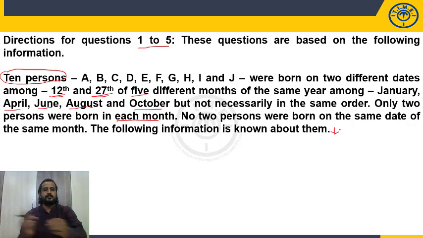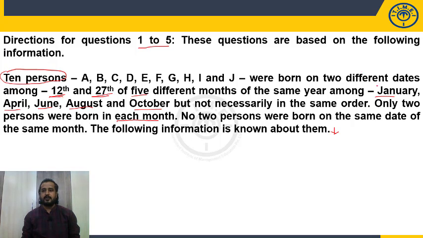Even before this, let's understand the basic structure of this model. 10 persons are given. So what we need to find out? We need to find out who was born on which date. So among the given 5 months, Jan, April, June, August, October, definitely the first person must have been born in the month of Jan and on 12th.